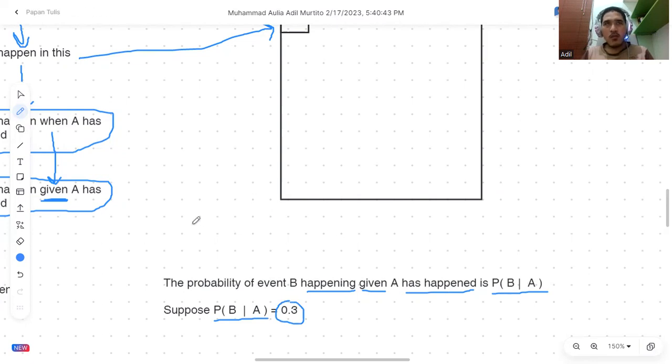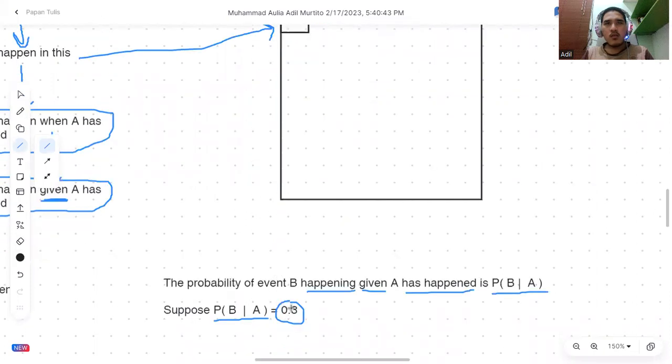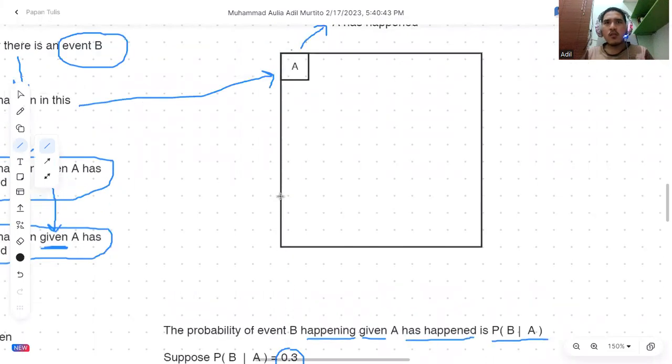Okay, now we could draw a line here that has the same proportion as 0.3. So I guess it is around like this, right? Yeah, it is like this.